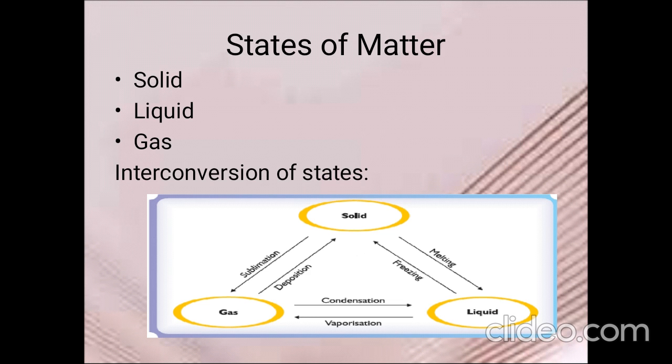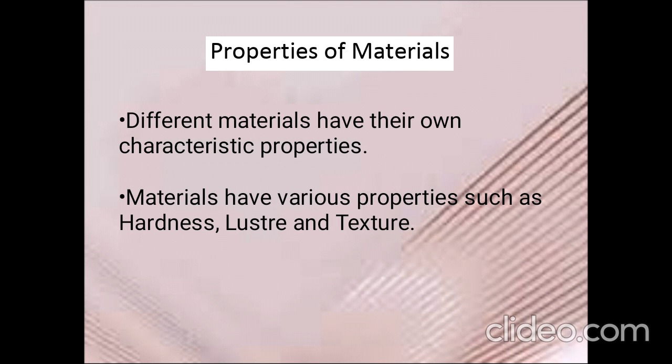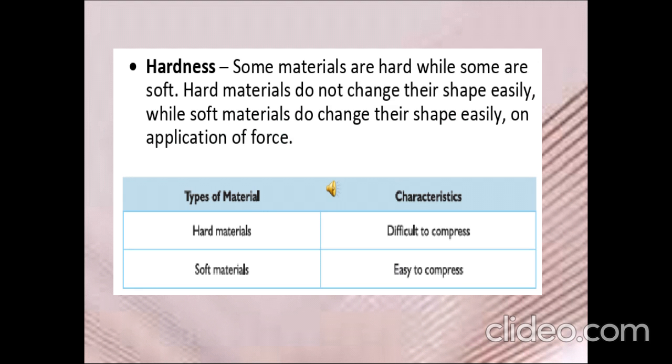Then properties of materials. These materials exhibit some properties: they might be hard, lustrous and have texture. Hardness means they cannot be compressed easily.